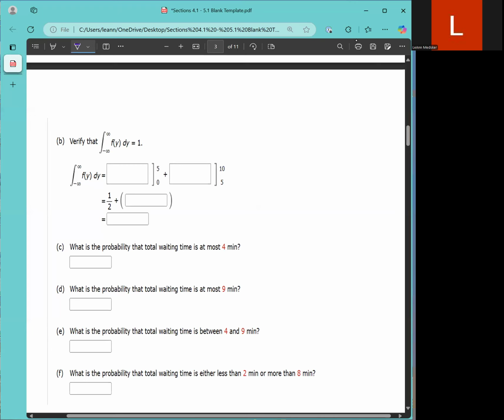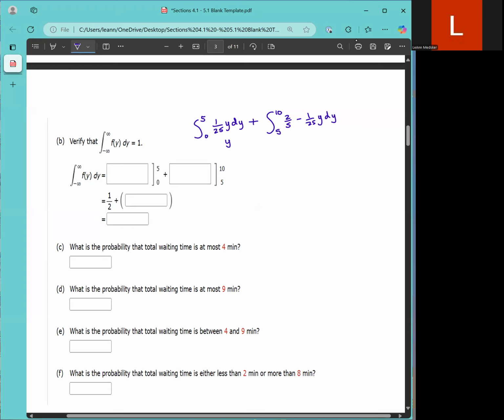Even though the function is 0 everywhere that's not 0 to 10, we're going to break it up into two separate integrals. So 0 to 5 for 1/25 y dy plus the second half, 5 to 10 of 2/5 minus 1/25 y dy.